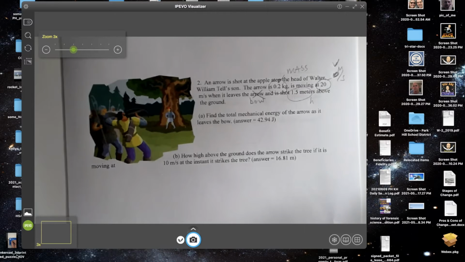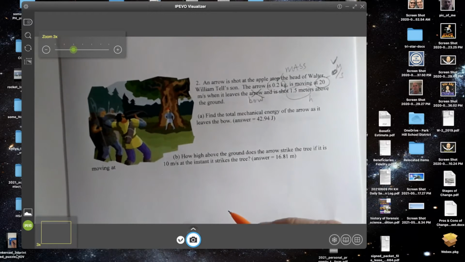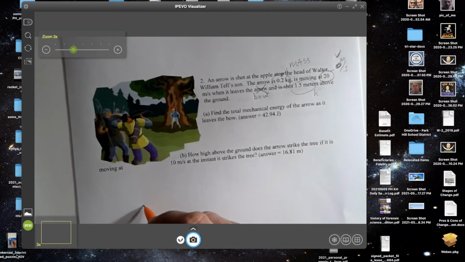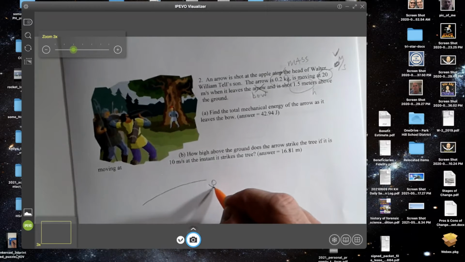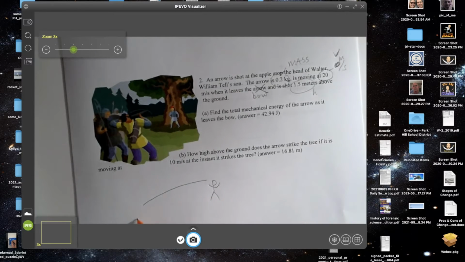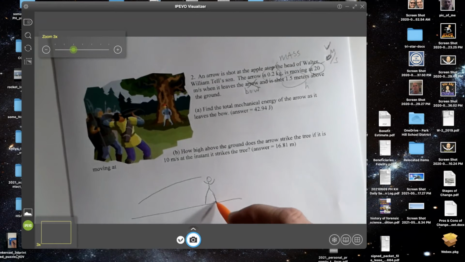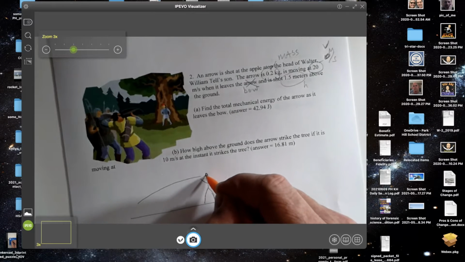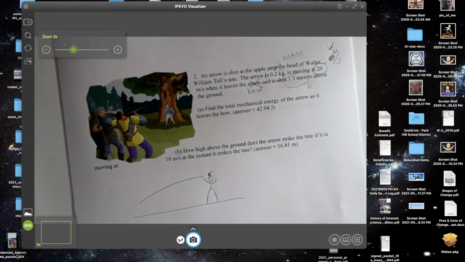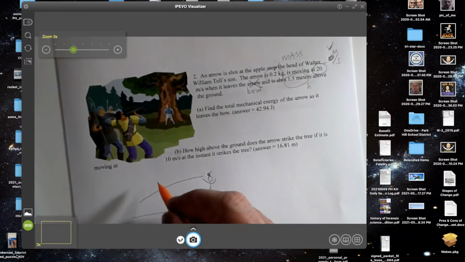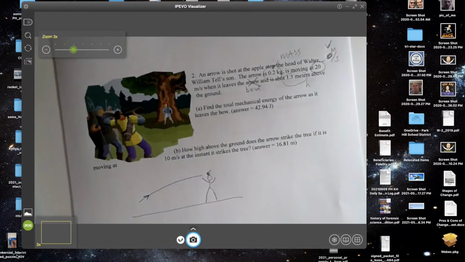So the arrow might do something like this. We don't really have a complete picture here, but there's the apple here. We can envision the arrow taking some sort of parabolic motion.